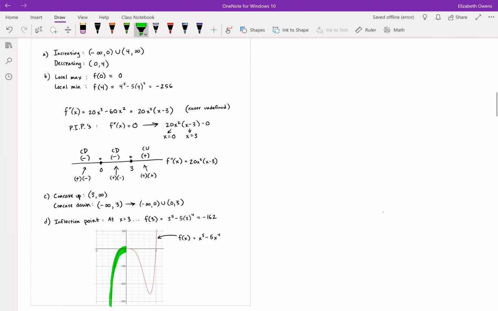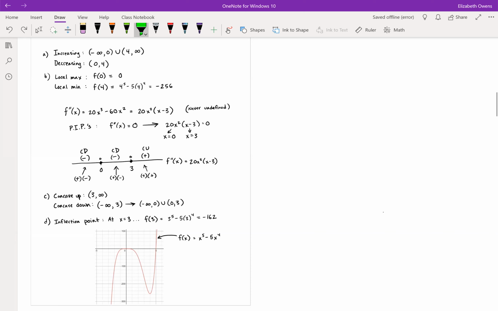And then it's decreasing from x equals 0 to x equals 4, which is right here. That right there, that's 4. So decreasing, check. And then from 4 to infinity, that would be here, and we can see that, yes, the function is increasing again on that interval.